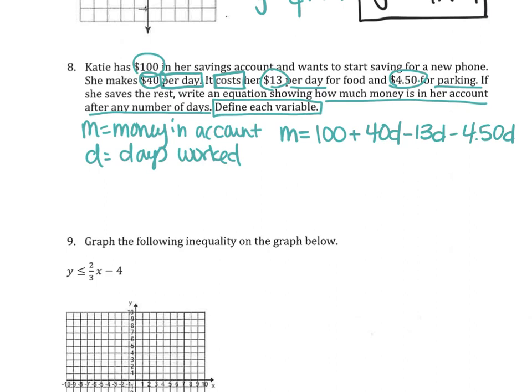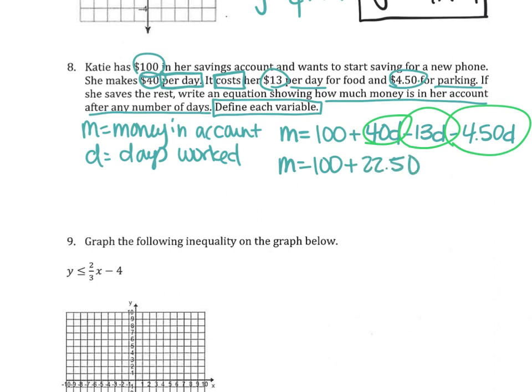All right, we want to now just combine our like terms, right? M equals 100. And if I do 40 minus 13, that's 27. And then minus 4.50 would be 22.50.